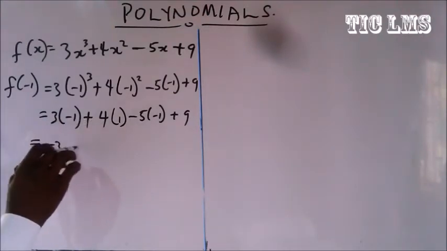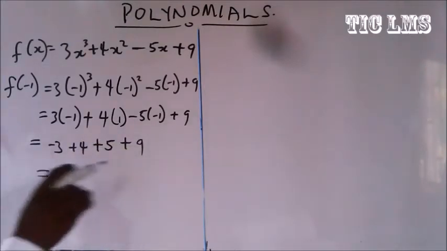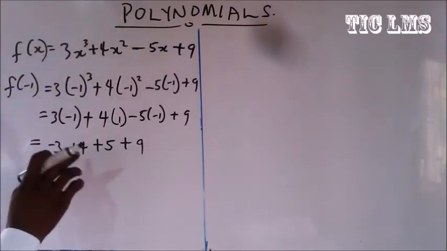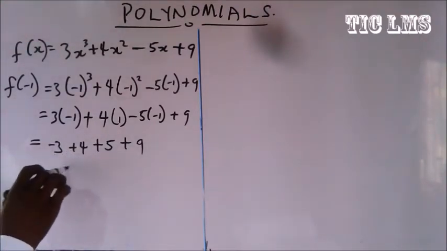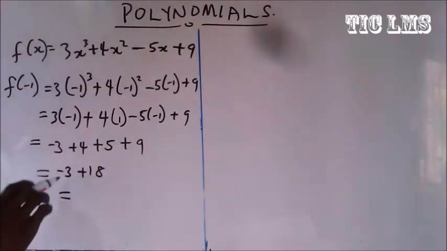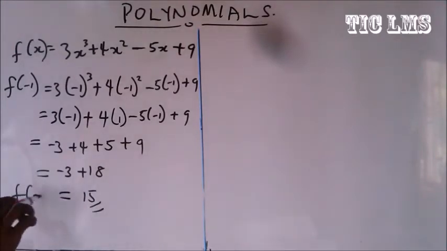Then plus 4 plus 5 plus 9. Let's add the ones that have a positive sign in front. So 9 plus 5, 14. 14 plus 4, 18. We have minus 3 plus 18. Hence, the value is minus 3 plus 18, that is 15. So f of minus 1 equal to 15.